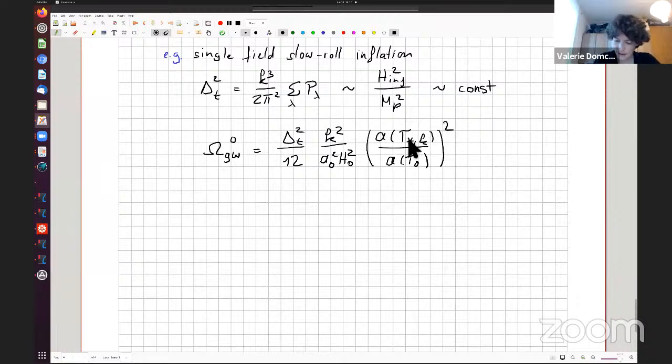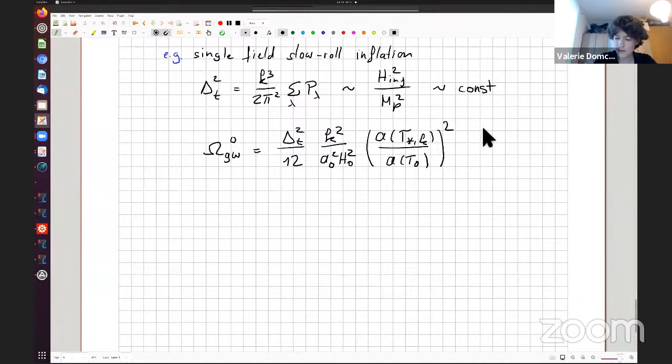And now this tau star of k indicates that the time of horizon entry of a given gravitational wave is k dependent. So for each given k, I need to use a different tau star.